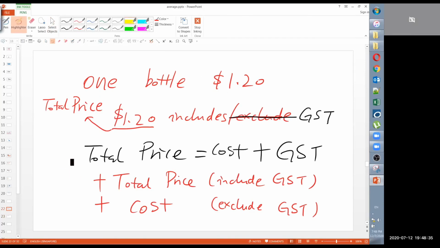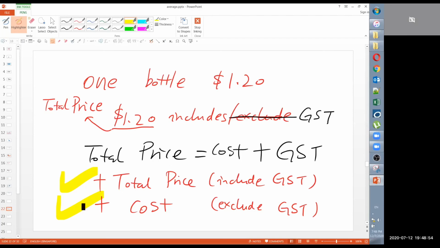Never mind. Repeat these two statements a few times until I ask you to stop. Go. Total price include GST. Cost exclude GST.